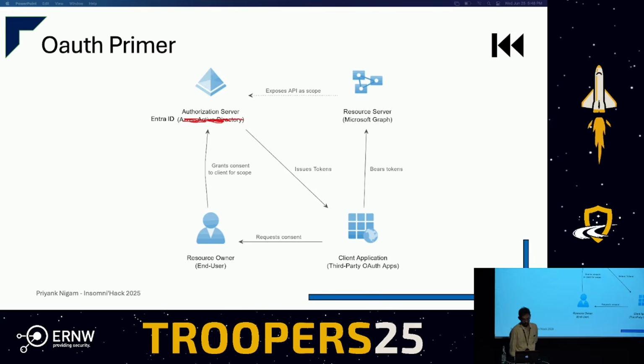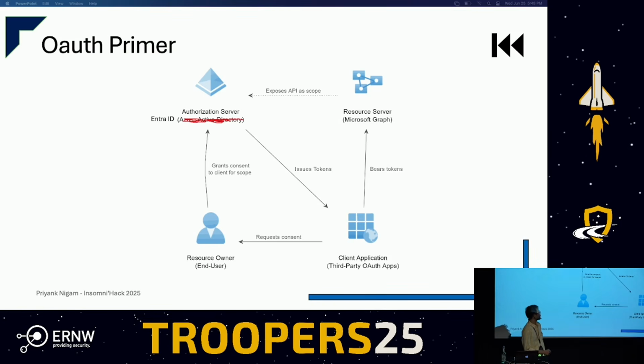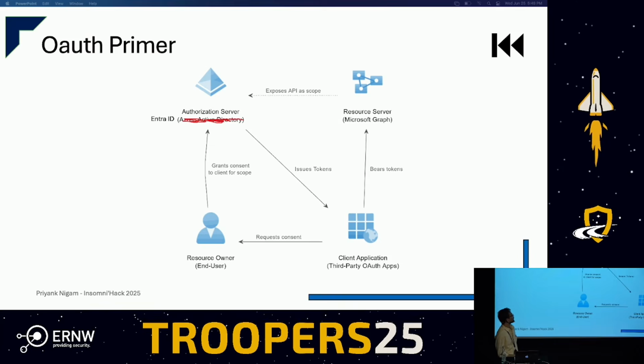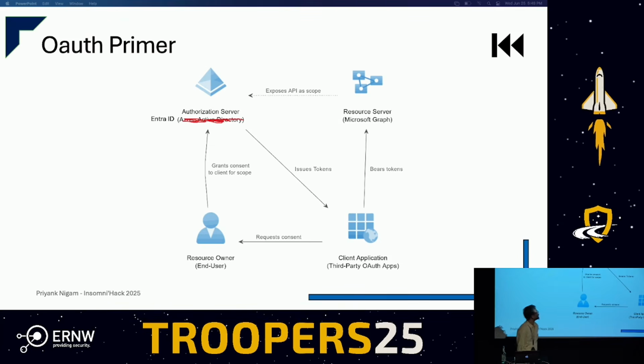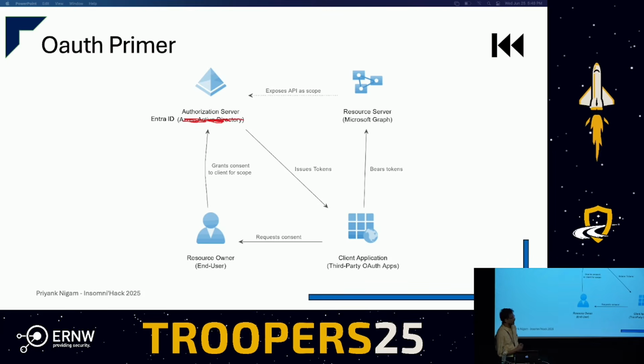We'll discuss that. So here's the client application, which bears the token to the resource server. So for example, in this case it is Microsoft Graph, which exposes the API as a scope to Entra ID. And that's how they actually authenticate as a user. It all assumes that the resource user has already pre-consented.